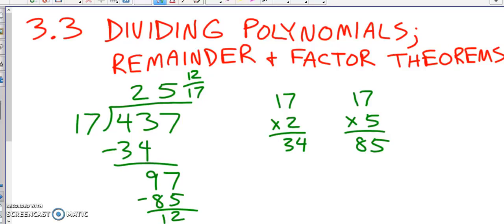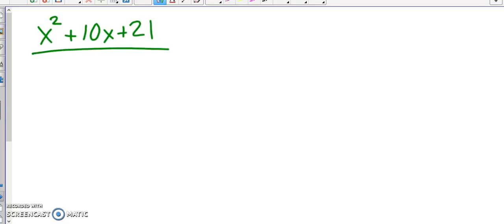So let's switch to polynomials. So let's say I want to take x squared plus 10x plus 21 and divide it by x plus 3. Now I understand that some of you see right away how that's going to work, and that's great. But let's say that you didn't. Let's see how this would work with long division.